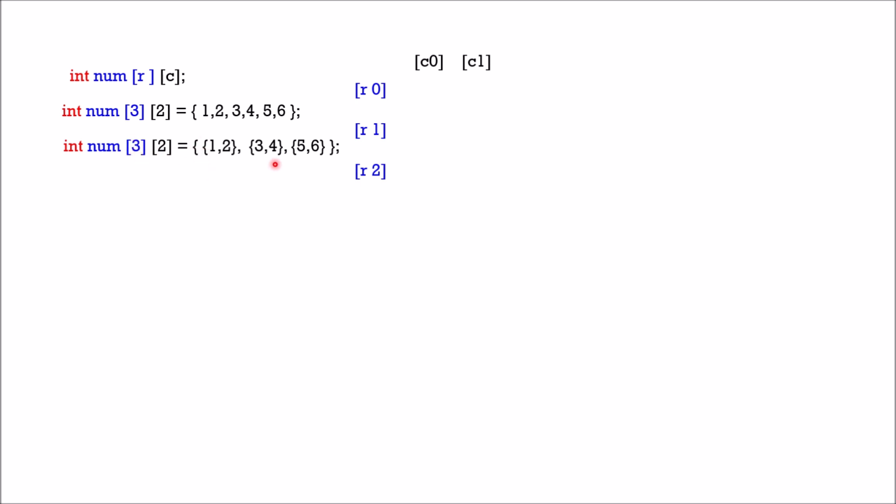Okay, so let's see it pictorially. Here we have, as you can see, column 0 and 1 comprise the row 0. So one row is comprised by these 2 columns.